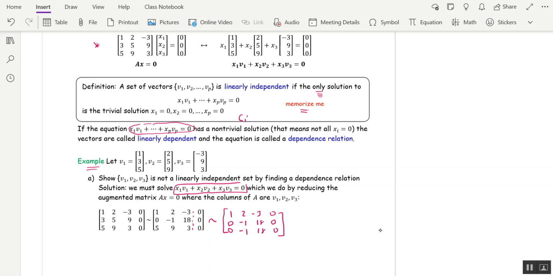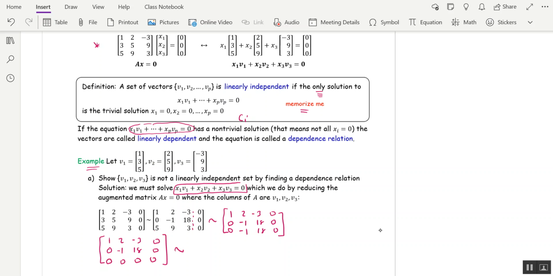And then I can use the second row to kill the third row completely, multiply the second row by -1 and add it to the third row. And that gives me 1, 2, -3, 0, 0, -1, 18, 0, and then all zeros on the bottom.